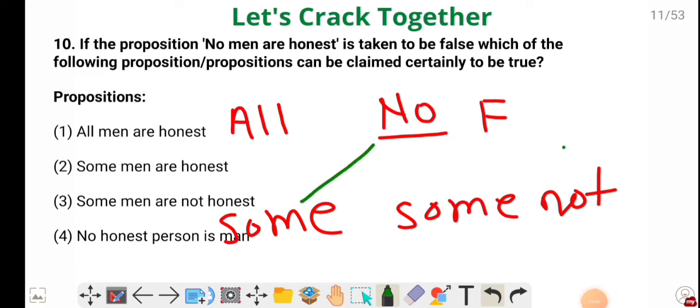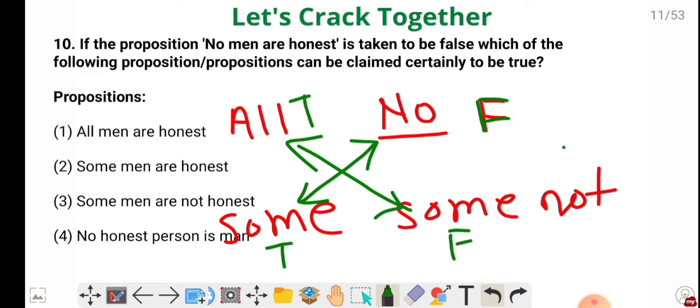Means if this no is false, then some will be true. If this is true, this is false, and vice versa. If no is false, then certainly true will be some. So option B is correct here: some men are honest. If this no is true, then some will be false, and vice versa. So this is called a contradiction in the square of opposition, just opposite of each other. So option B is correct here.